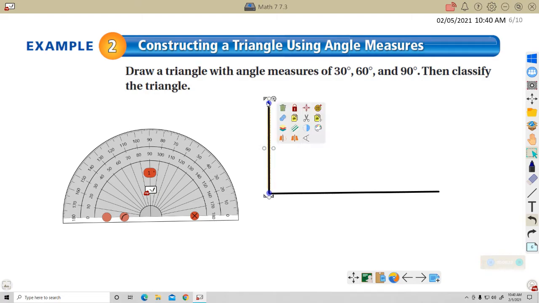I can't wait to get back to paper and pencil. Okay, so it's off a little bit. That's good. That's good though. 90. So this should be my 90-degree angle here. I measured this 90.